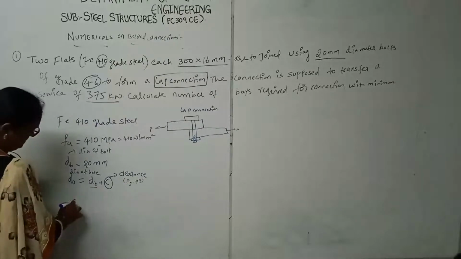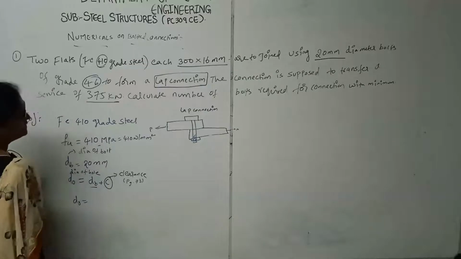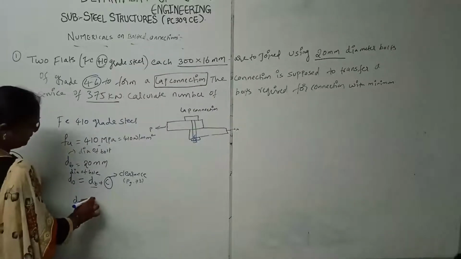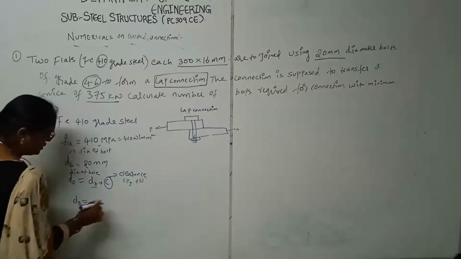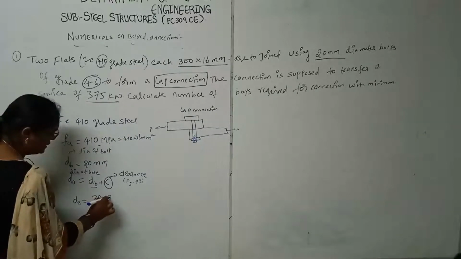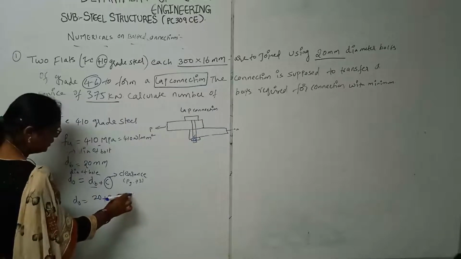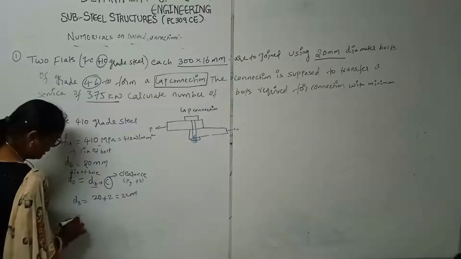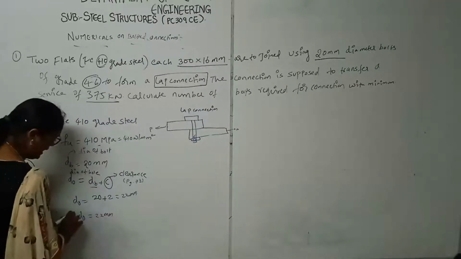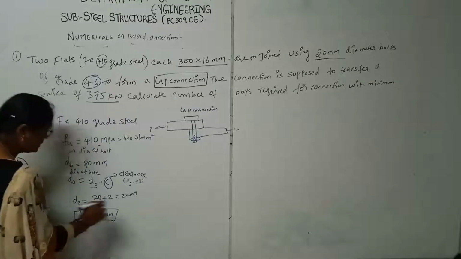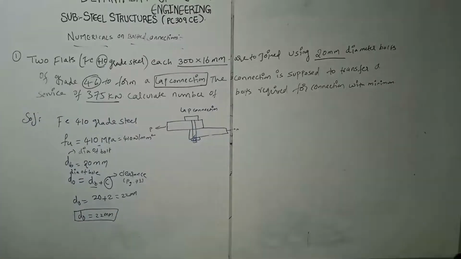D naught is equal to the diameter of your 20 mm bolt plus clearance. 20 plus 2 gives 22, so d naught will be 22 mm diameter. You can find this in your page number 73.